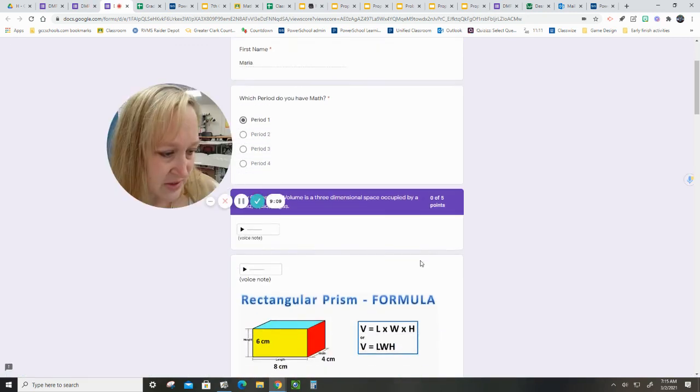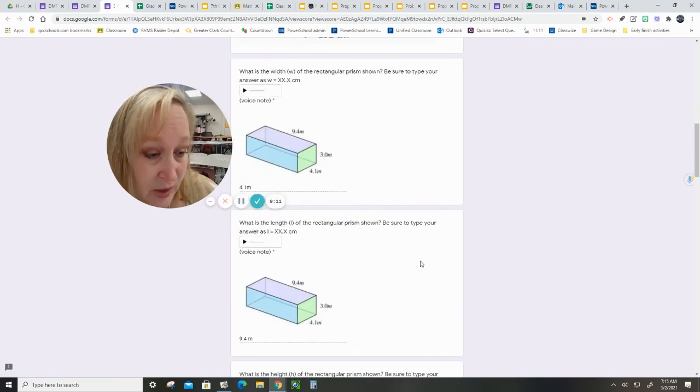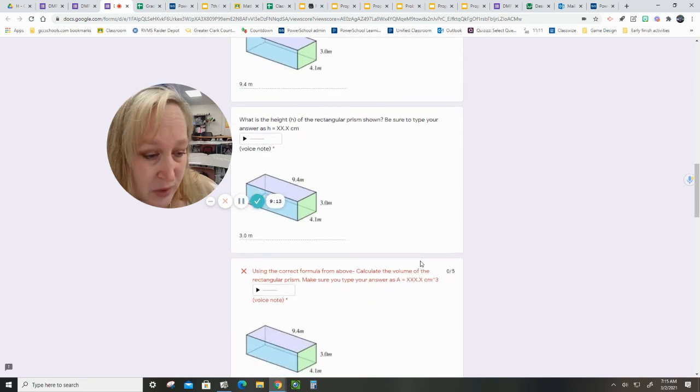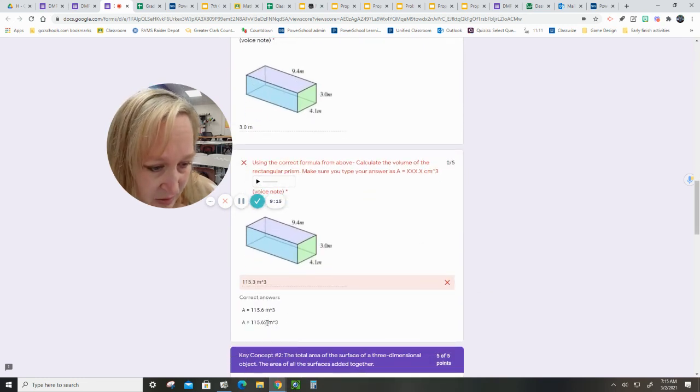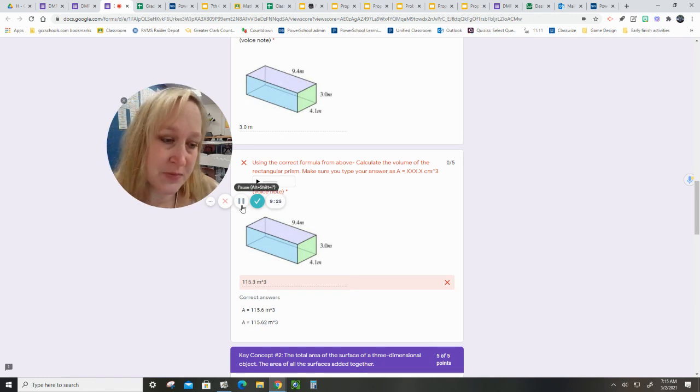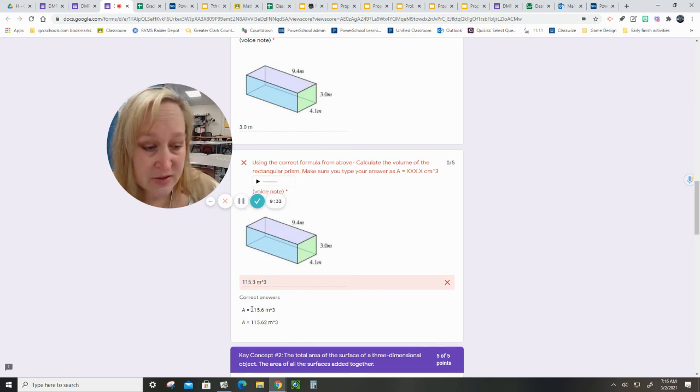Okay, 5 out of 10. So let's see what I typed wrong or what I need to correct. That's the point of this. Oh, somehow I rounded wrong, or my calculator did. So I'm going to check this, and if you're the one doing it, I will make sure that the answer matches. Okay, after checking, this answer should have been 115.6.